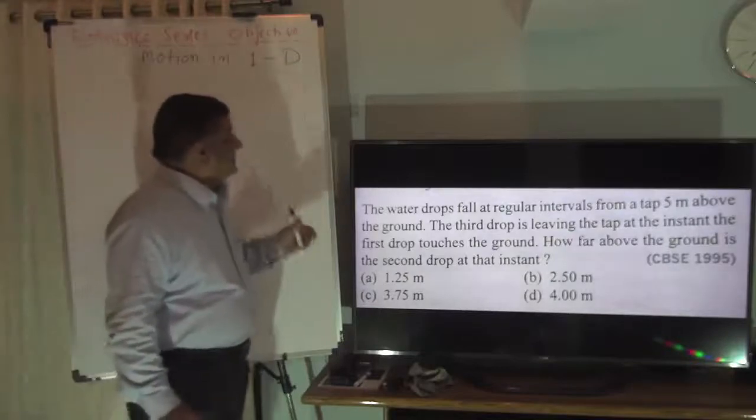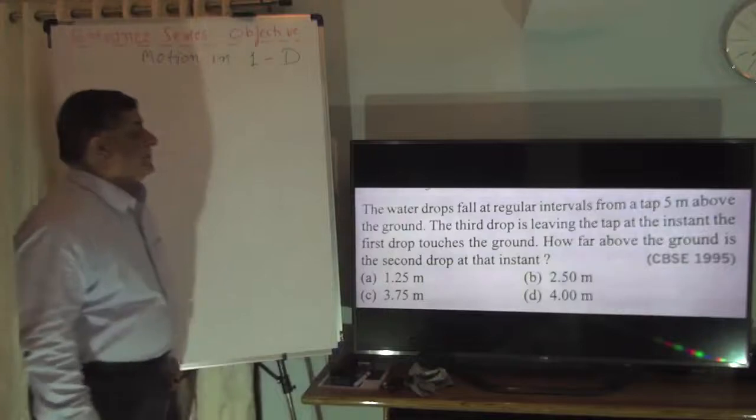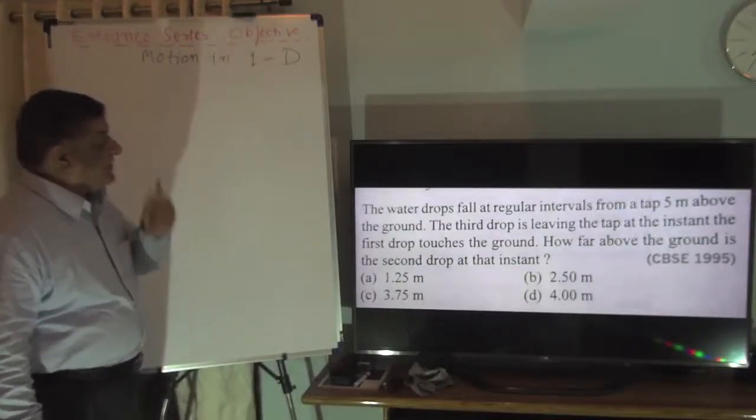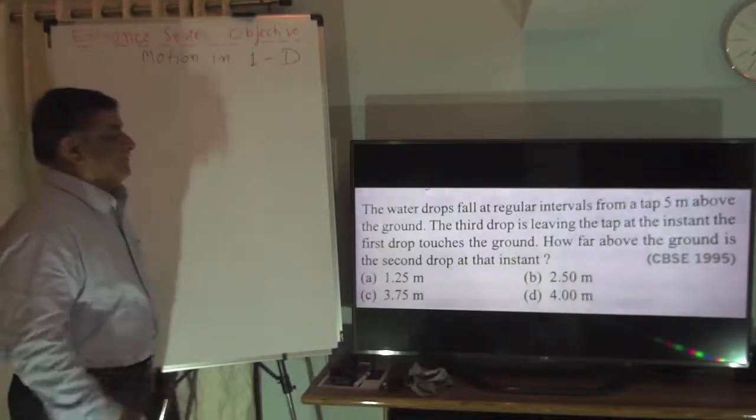Our next question is, water drops fall at regular intervals from a tap which is 5 meters above the ground. The third drop is leaving the tap at the instant when the first drop touches the ground.